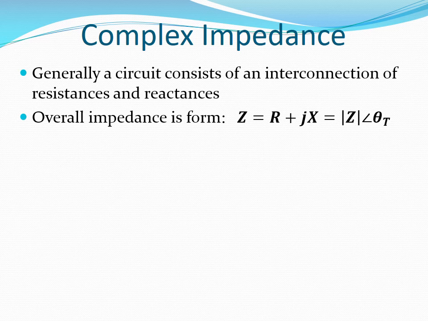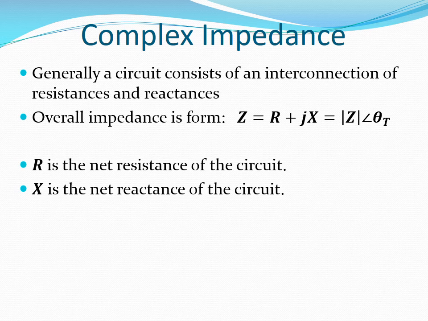Generally, a circuit consists of an interconnection of resistances and reactances. The overall impedance of the circuit can be expressed in the form R plus jX, or equivalently, magnitude of Z at an angle theta t.